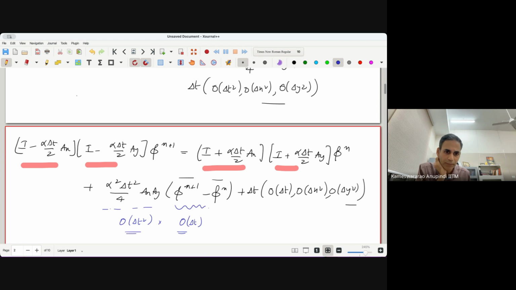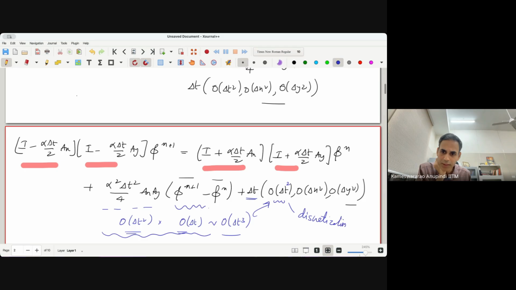So what you see is that I'm going to neglect this term, because this is of the order delta t cube, which is exactly already of the order delta t cube that we have, arising out of the discretization.